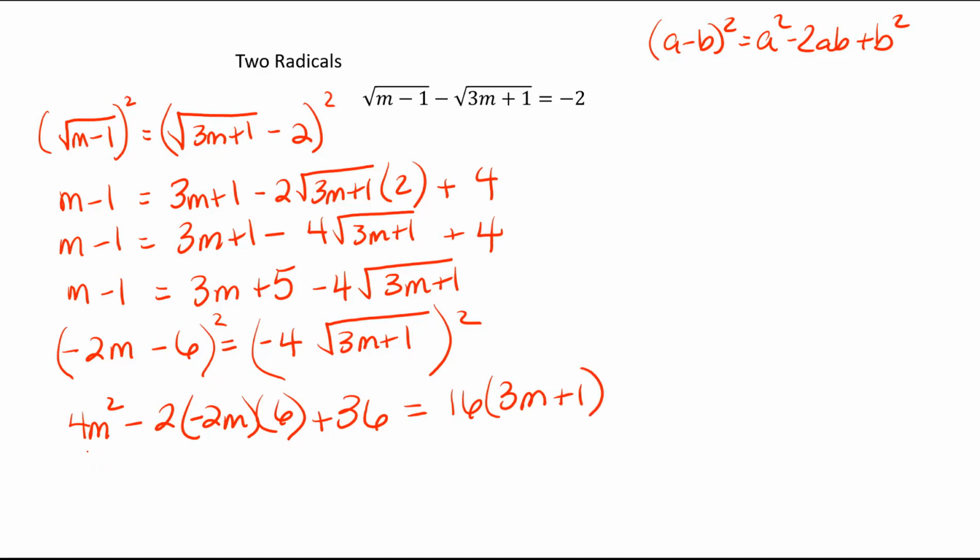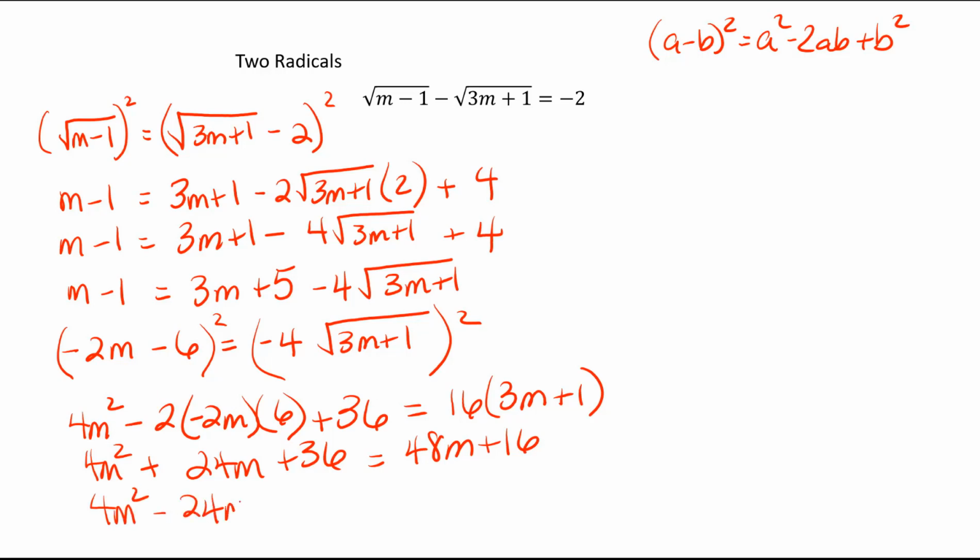So on the left side, I've got 4m squared plus 4 times 6 is 24m plus 36 equals 48m plus 16. And so now I'm going to subtract, well, let's see, I'll just get everything on the left side. So 4m squared minus 24m plus 20 equals 0.